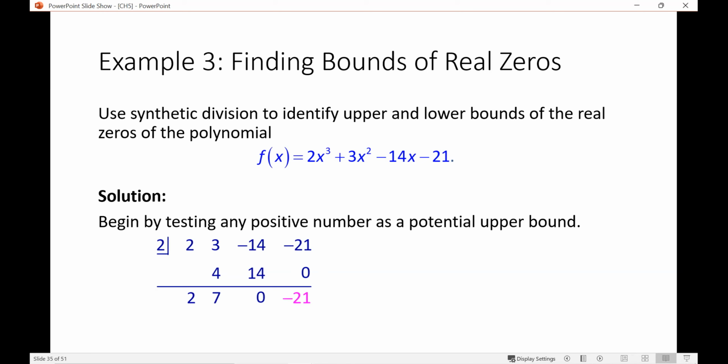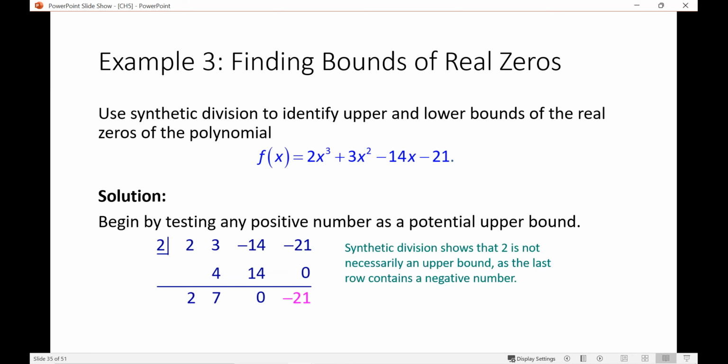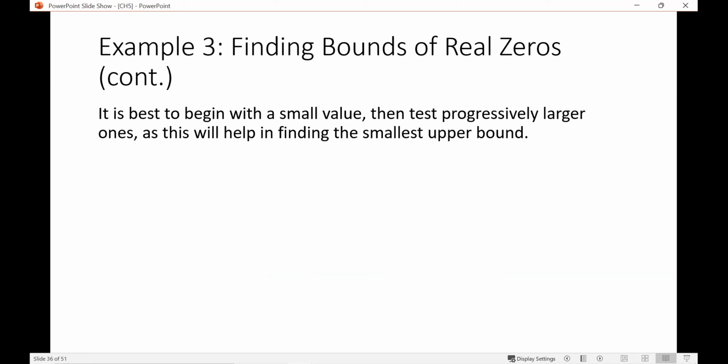So in this case, we actually are alternating sign here. So 2 is not necessarily an upper bound because the last row has a negative number, but there were also some positive numbers there. So let's try a higher number. Let's try a 3. We do the synthetic division on the 3.